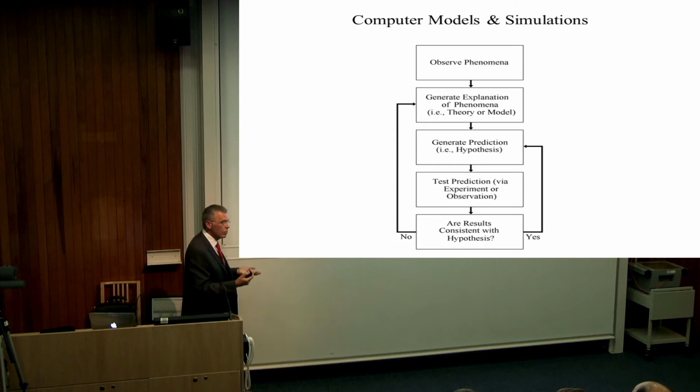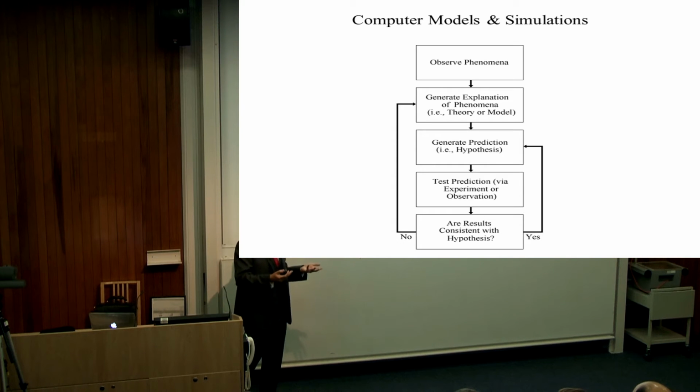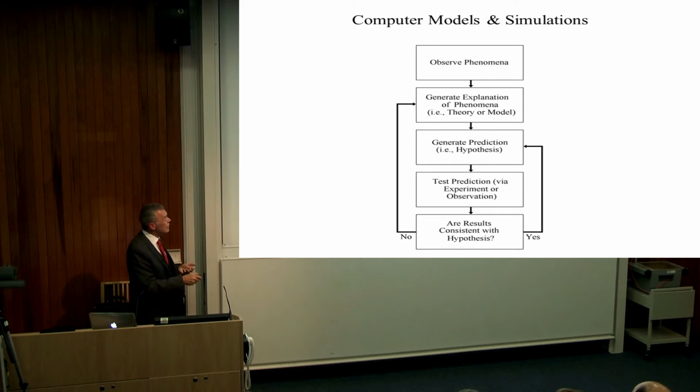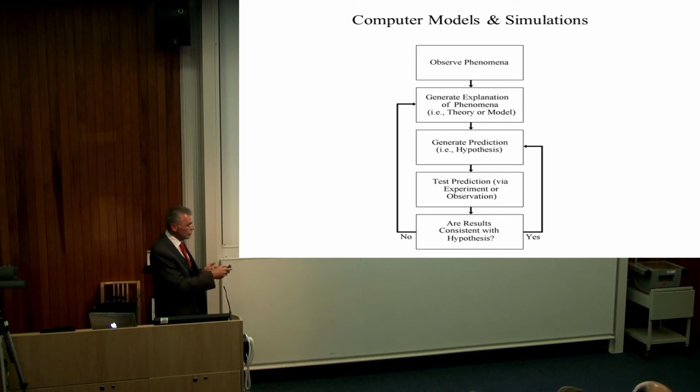Typically they're theories, they're verbal theories that explain causal relationships between variables of interest. But what I'm interested in doing is developing more formal theories, theories that are actually implemented as computer programs and mathematical equations.